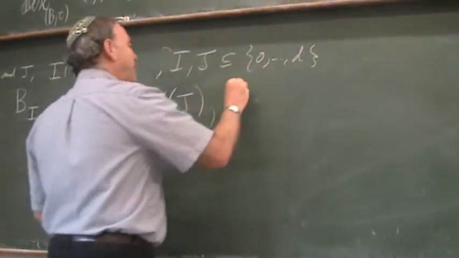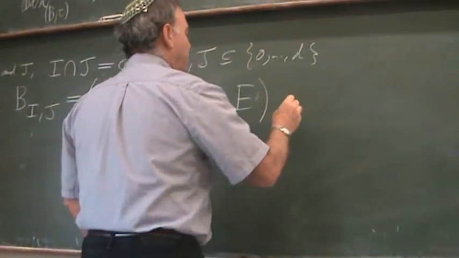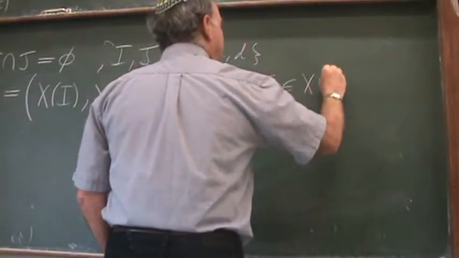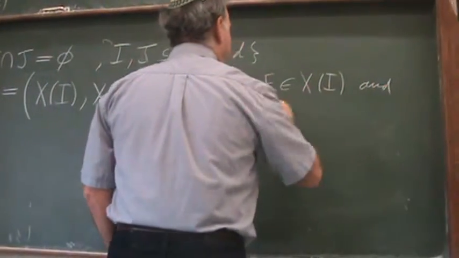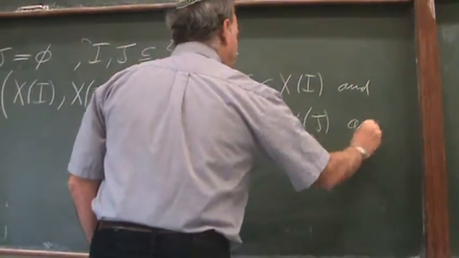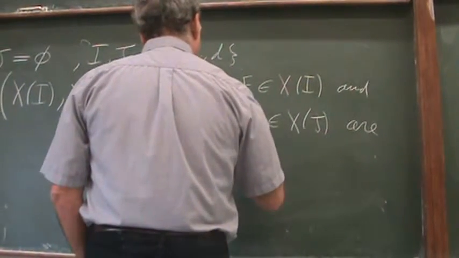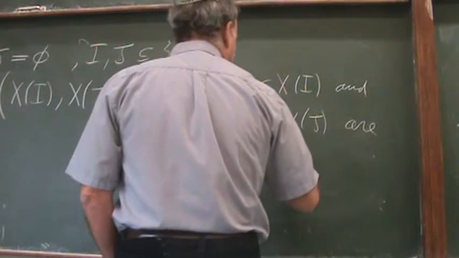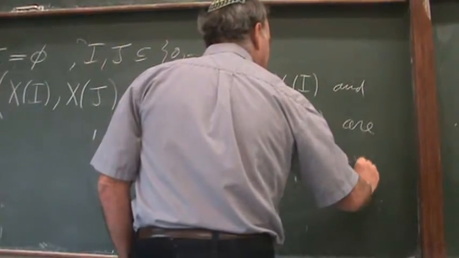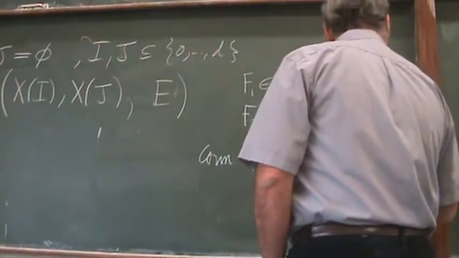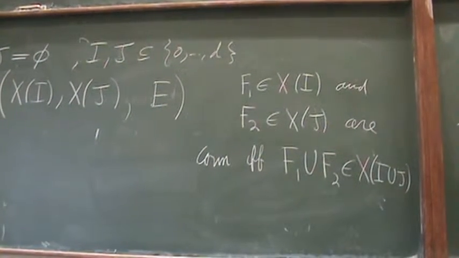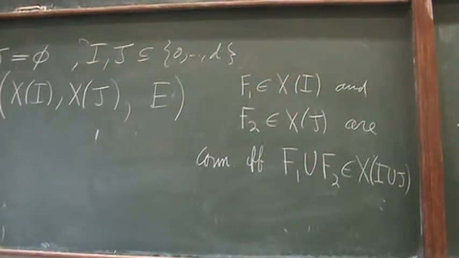And the edges E will be that f1 in X_i and f2 in X_j are connected if and only if f1 union f2 is in X_(i union j), if the union of them is a face.